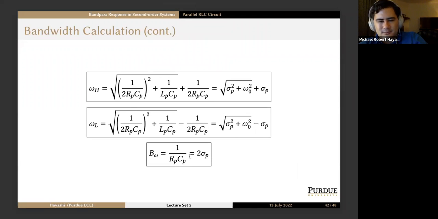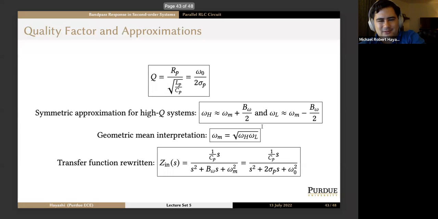So for the frequency at which the maximum appears, work this out. You multiply this by this, it's kind of like the difference of two squares. So you get sigma p squared plus omega naught squared minus sigma sub p squared, and you will get omega naught, which is equal to omega m. You do take the square root.